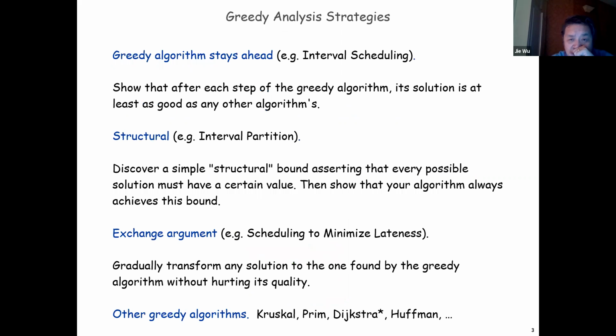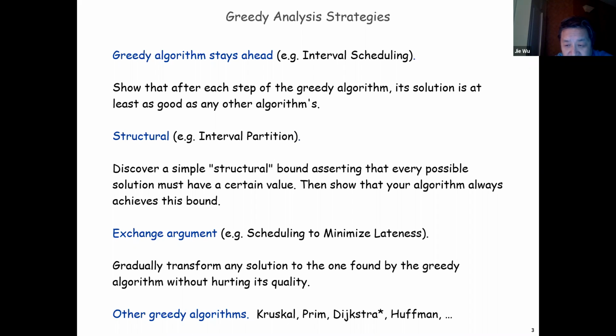And we look at 3 algorithms. The first one we call interval scheduling, and pay attention to the method we use. In interval scheduling, we use a concept called stay ahead.